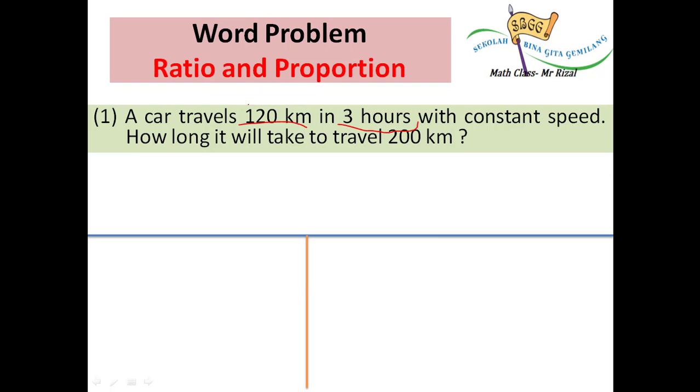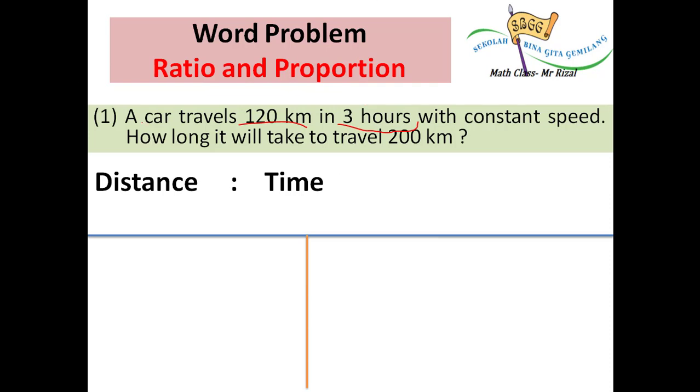I understand that 120 kilometers is distance and 3 hours is time. But if you want to label it with kilometers or hours, it's up to you. Okay? So we label distance and time.